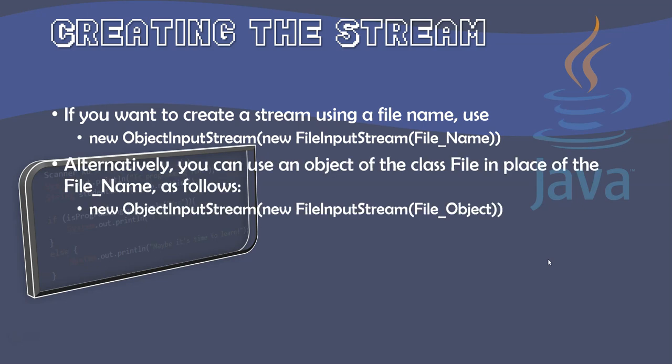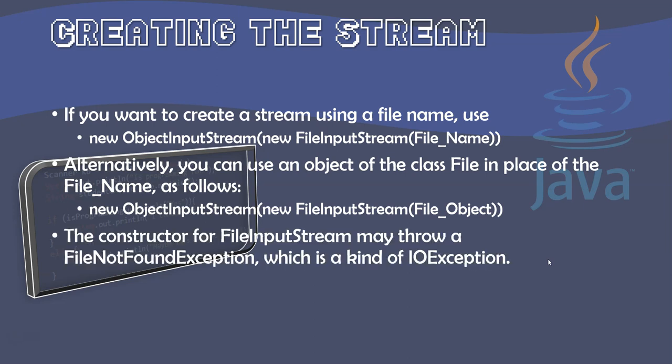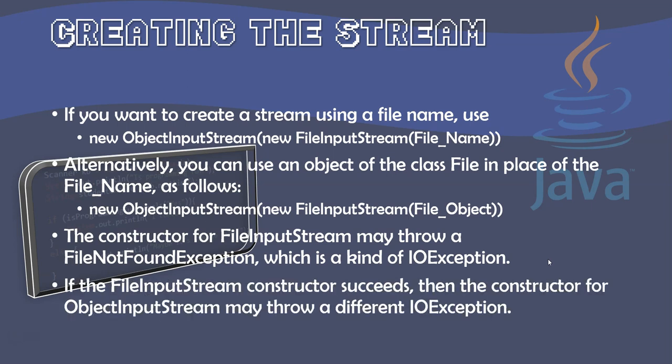Alternatively, you can use an object of the class File in place of the file name as follows: new ObjectInputStream, new FileInputStream, file object. The constructor for FileInputStream may throw a FileNotFoundException, which again is a type of IOException. If the FileInputStream constructor succeeds, then the ObjectInputStream constructor may throw a different type of IOException.